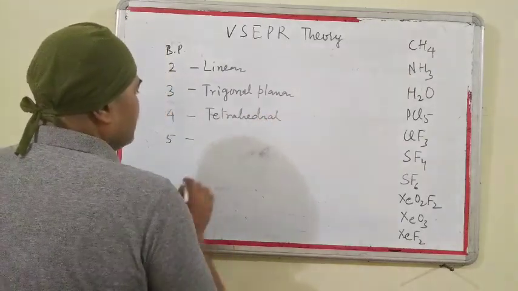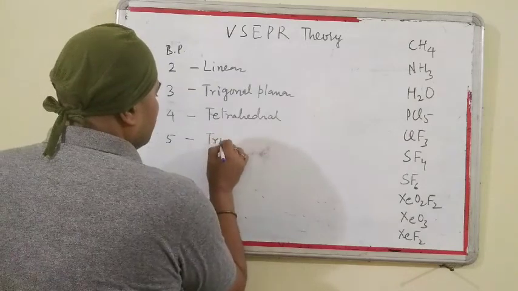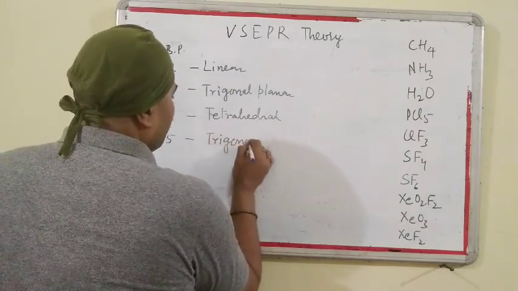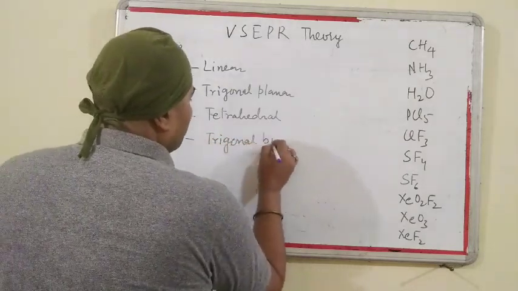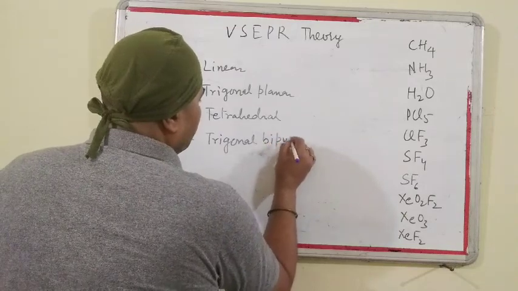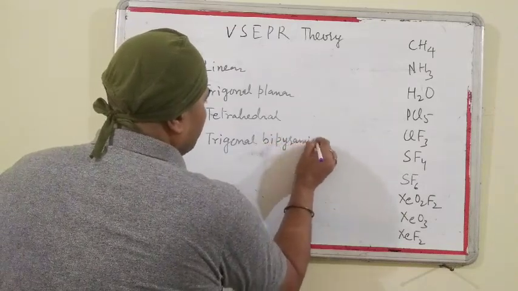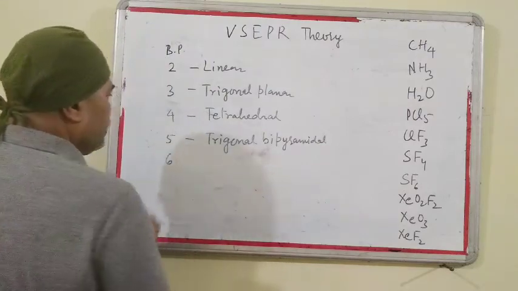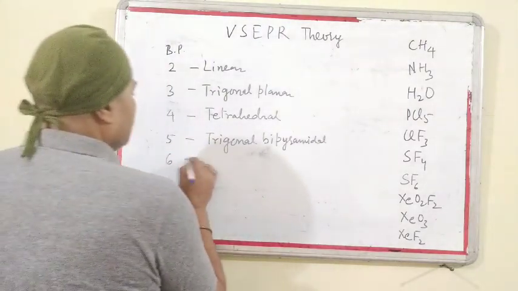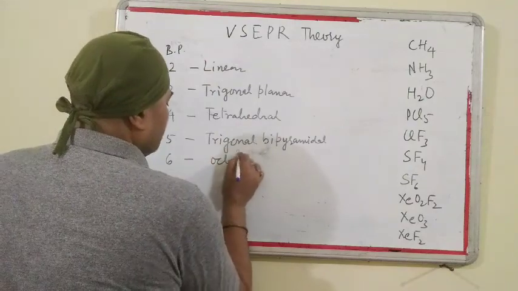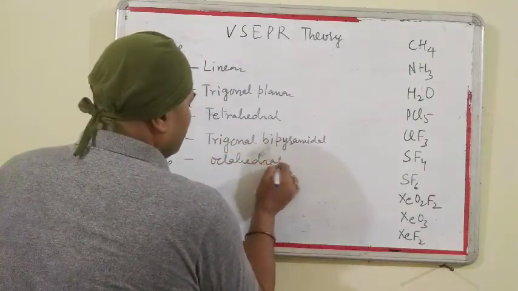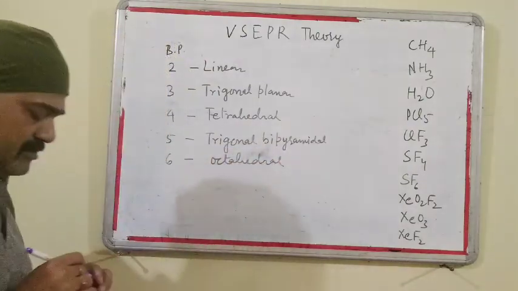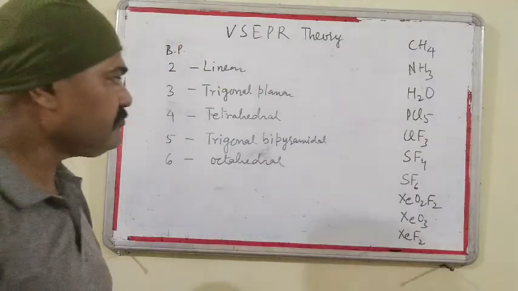For 5, it is trigonal bipyramidal. And for 6, the shape will be octahedral.